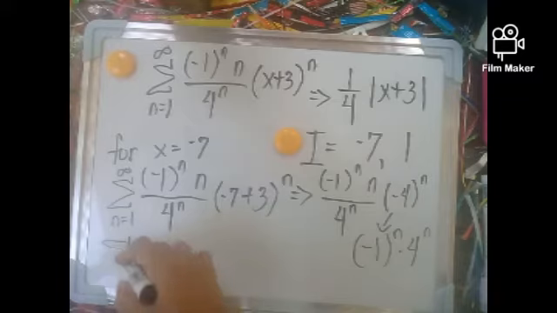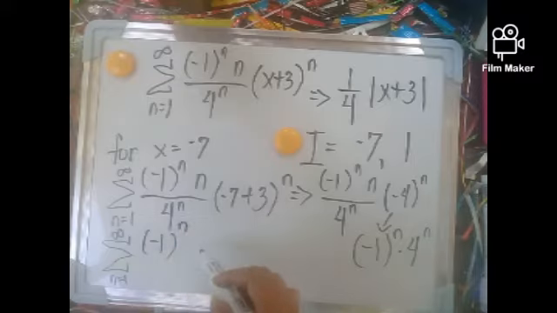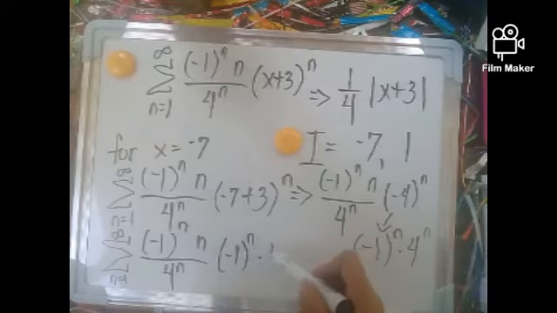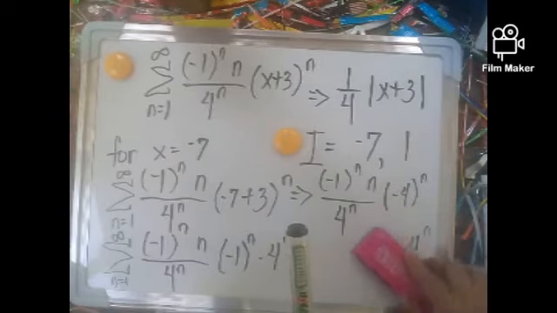So, makukuha nating series ay as n is equal to 1 to infinity, we got negative 1 raised to n times n over 4 raised to n times negative 1 raised to n times 4 raised to n. Let's erase this.